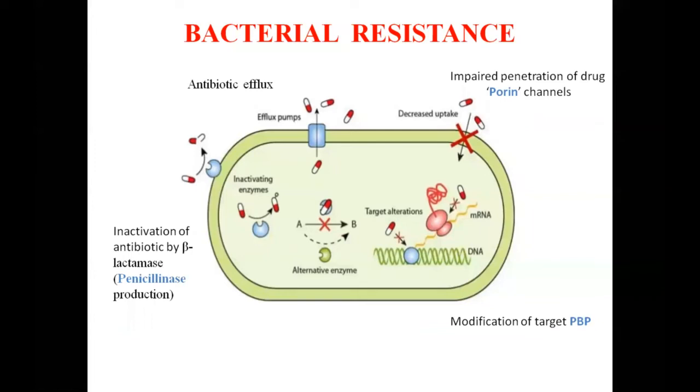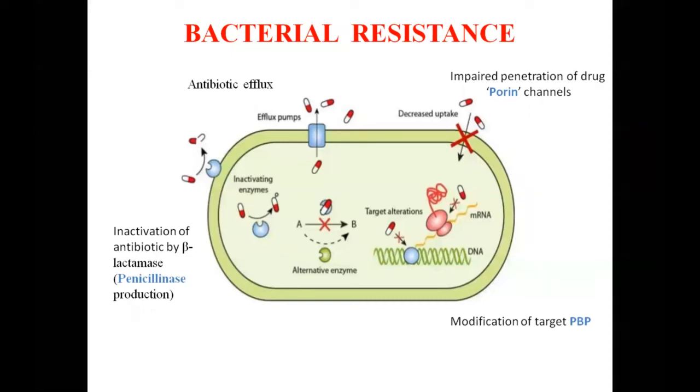Now, with this understanding about the mechanism of action of the cephalosporins, let us see the pattern of bacterial resistance which takes place. We have seen how penicillinase production is creating so much of a problem, and because of this, we are having resistant microorganisms coming up.